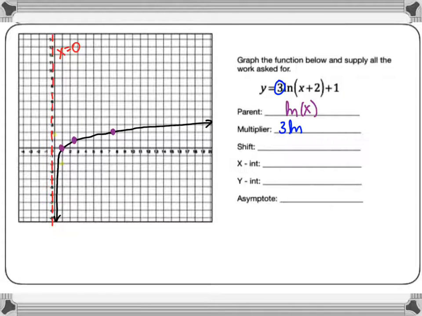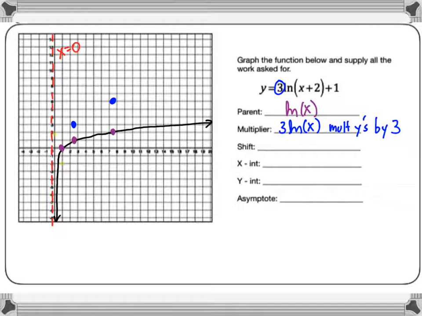The multiplier means that we're going to multiply our y's by 3, so that's going to pop up each one of these three points. This y is 0, so 0 times 3 is just going to stay put. The next one is going to pop up to a 3 right here, and this is at 2, so it's going to pop up right here.